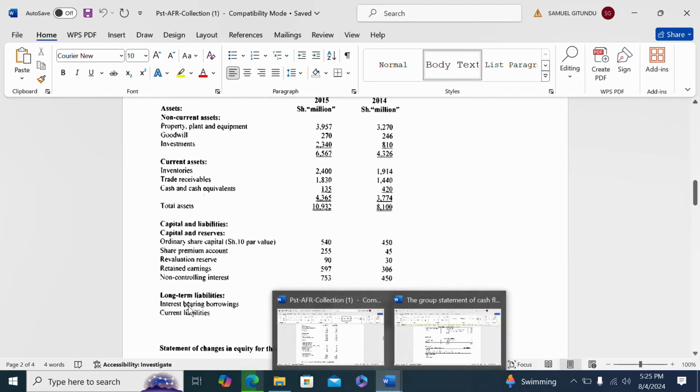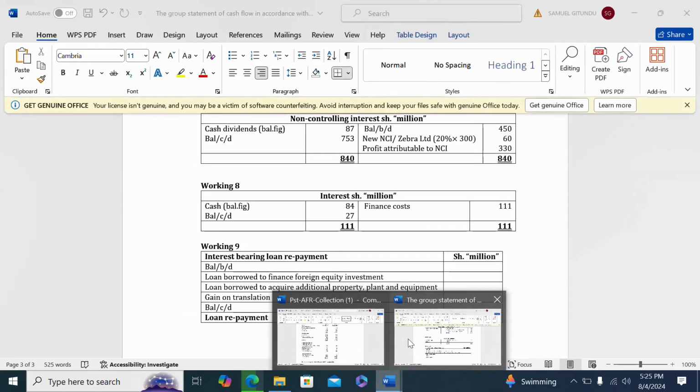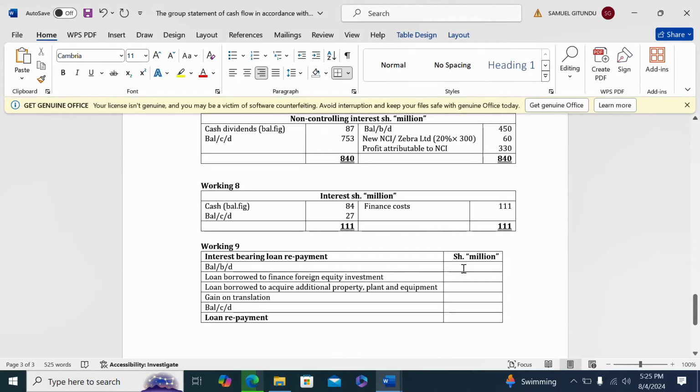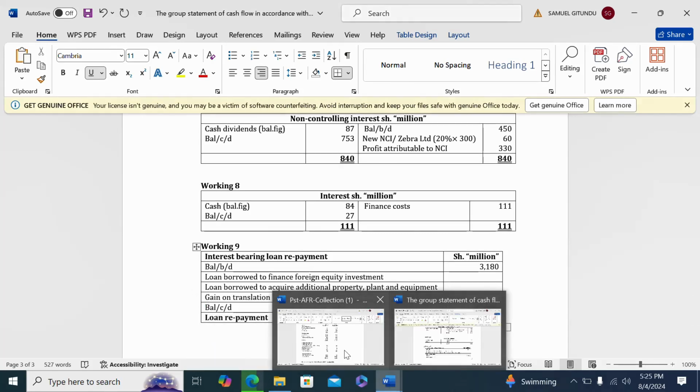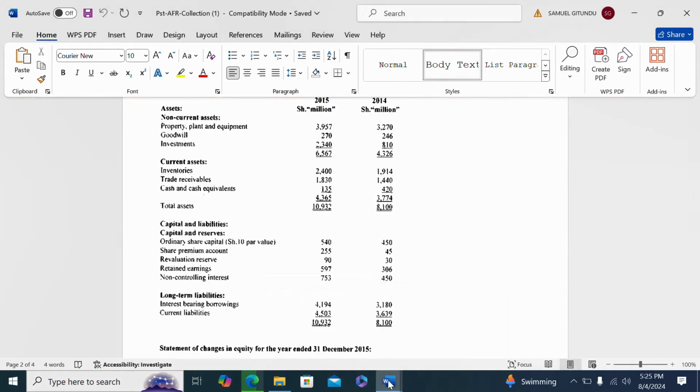So this is the interest bearing borrowings. The balance brought down was 180, and the balance carried down was, is it 4194? Yeah, the balance carried down was 4194.